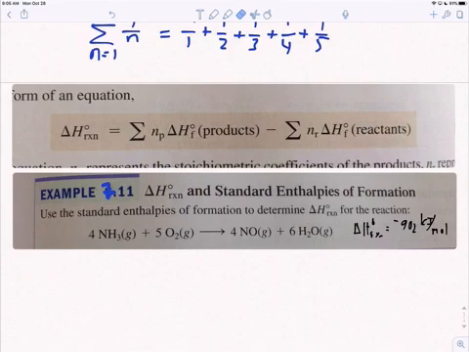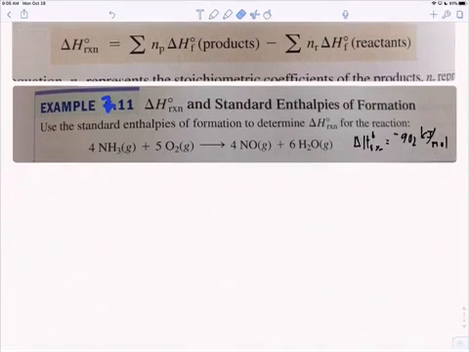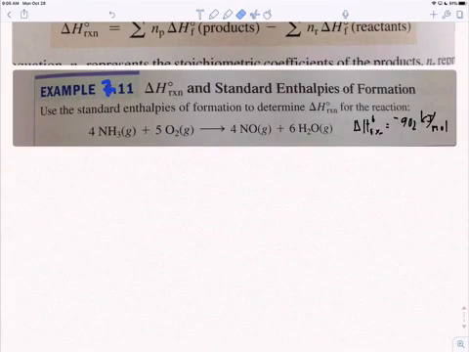So let's do this one here. Use the standard enthalpy of formation to determine the standard enthalpy of reaction for this reaction. We have 4 ammonias plus 5 oxygens makes 4 nitrogen monoxides and 6 waters.